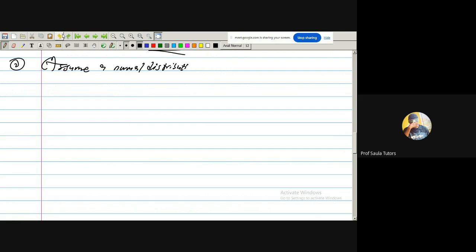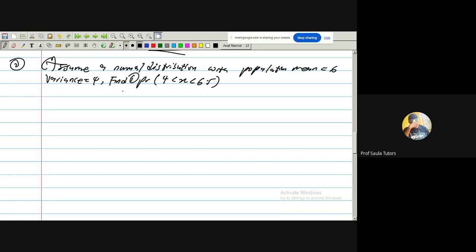Assume a normal distribution with population mean 6 and variance equal to 4. Find the probability that 4 is less than x less than 6.5. This is the first question. And the second question, we should find the probability that 6.5 is less than x less than 8.